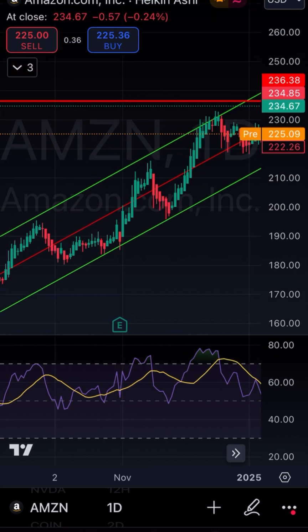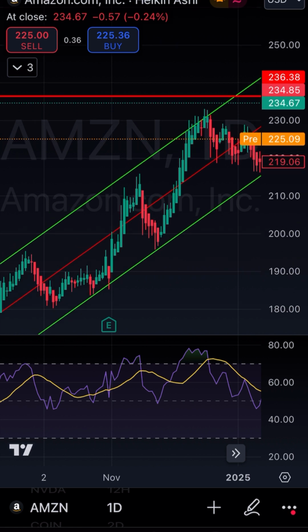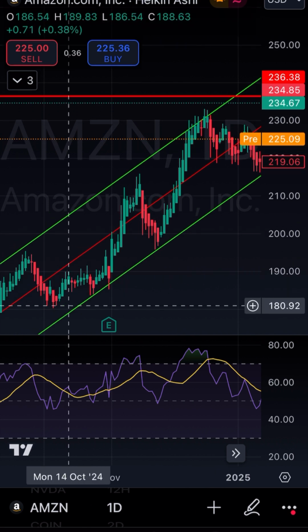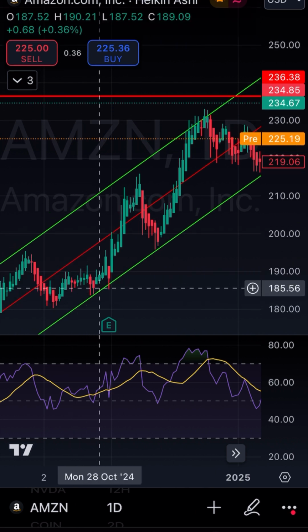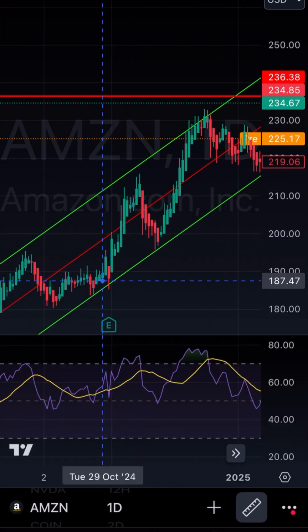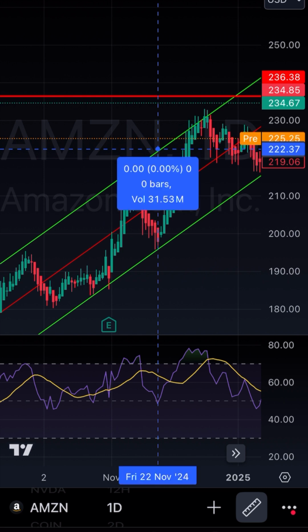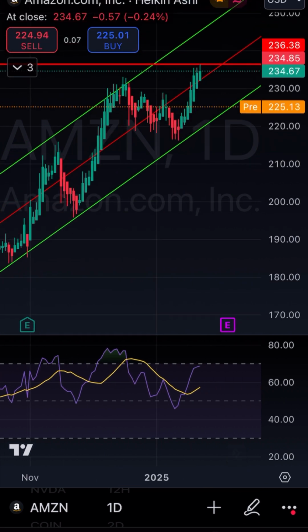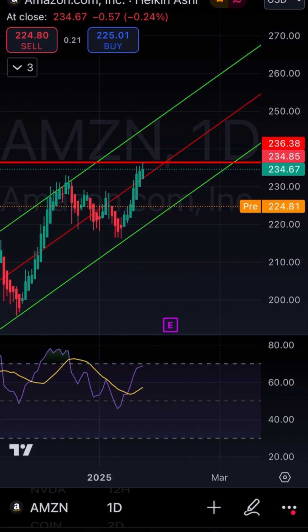So what you want to do is wait for it to come down to the bottom as much as possible, and then you want to look at your RSI, and a good moment would be right about here. So right here would have been a good moment to get in, and you could have rode that out as well.